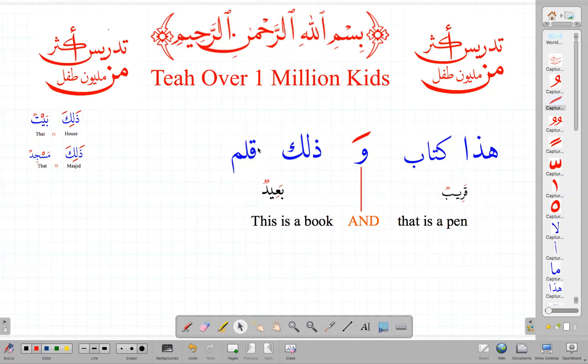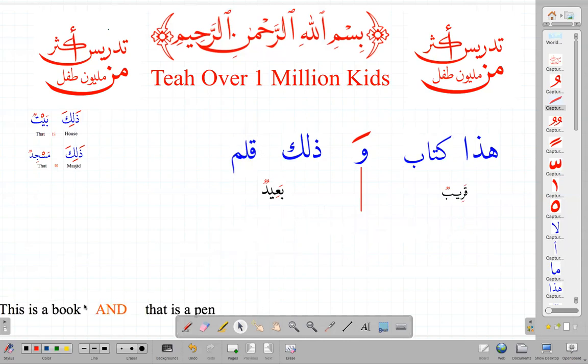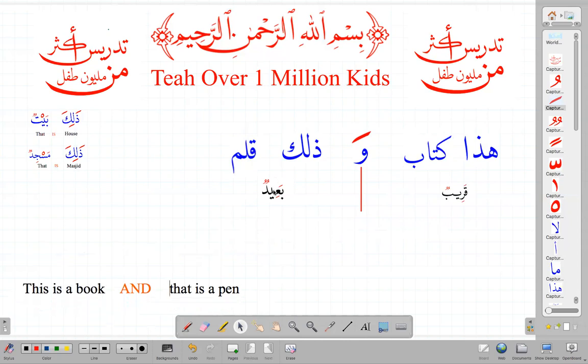Perfect. So if you come back to the grammar, we are going to see what we said last week. We are going to look at it very briefly. هذا كتاب.